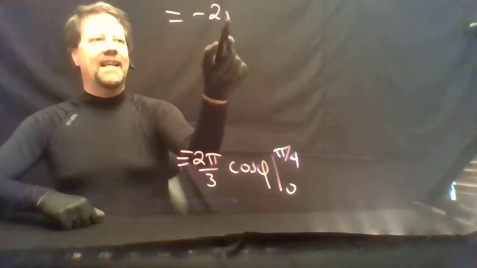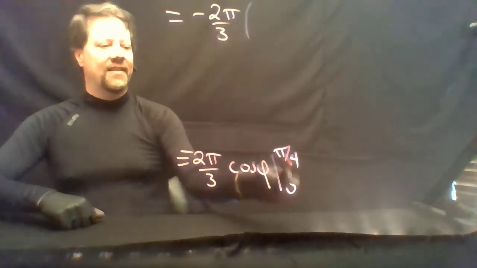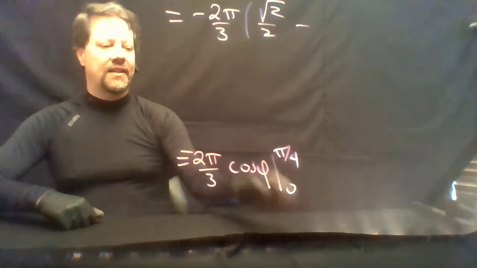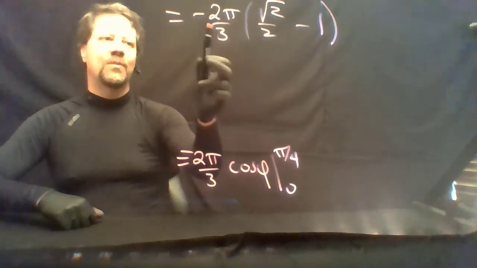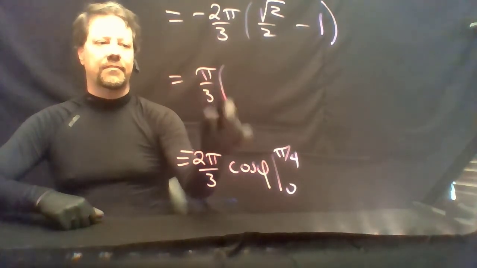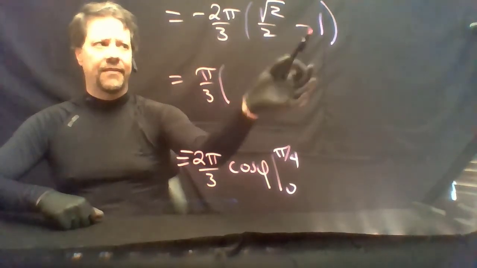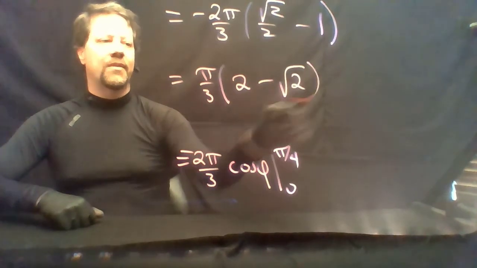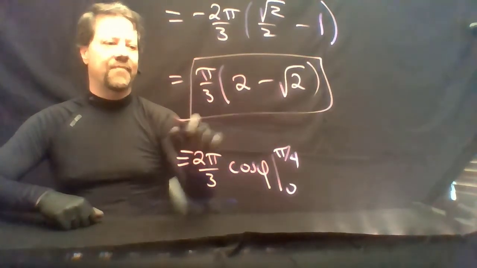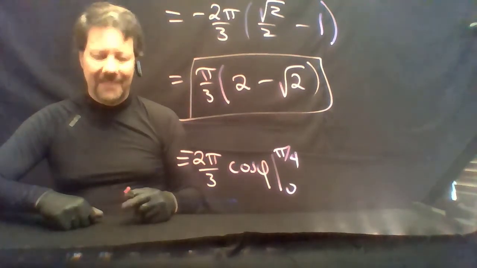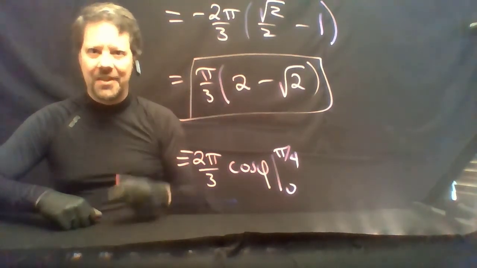This gives us negative 2 pi over 3 times the quantity: the cosine of pi over 4 is root 2 over 2, and the cosine of 0 is 1. We'll distribute the negative 2, and we'll get a positive 2 minus the square root of 2, all times pi over 3. What does this represent? That's the volume of the cheap snow cone.